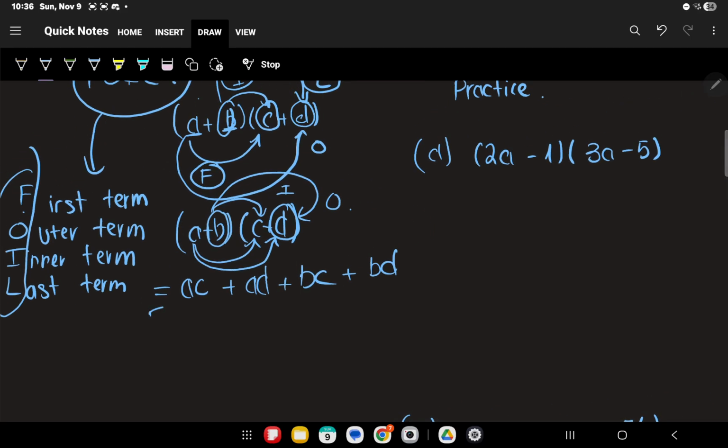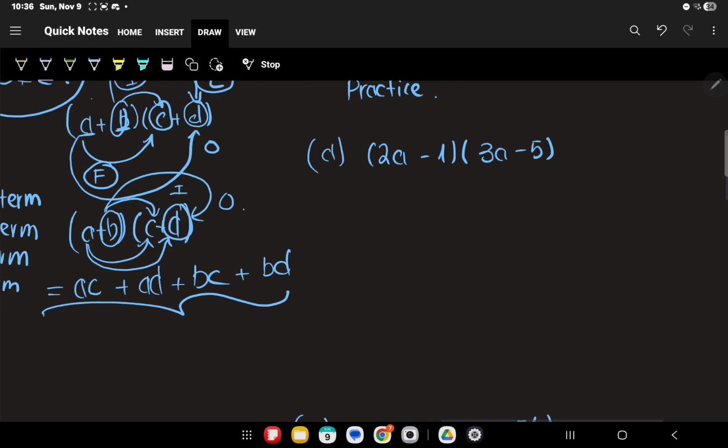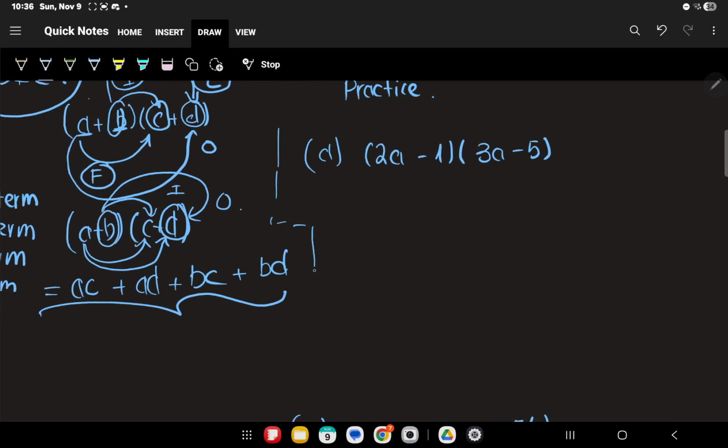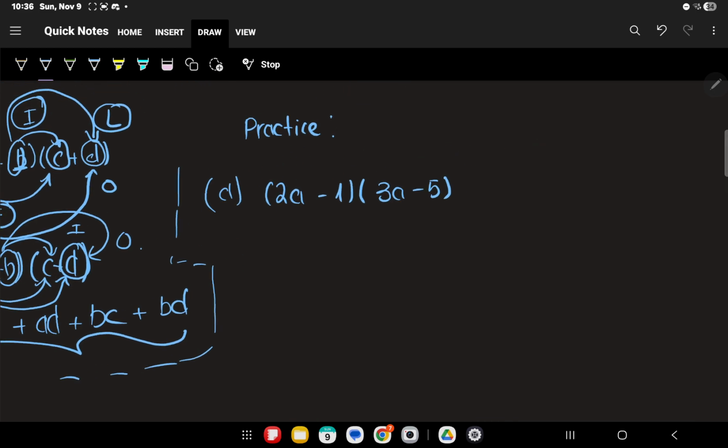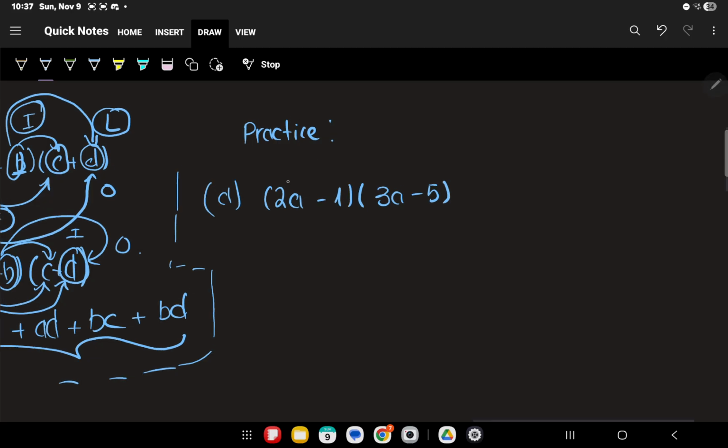Alright, so this is the general form. After you expand the two brackets, you will end up with four terms. That's before you collect the like terms, but we will get to that now for the practice here. So let's apply the same format. 2a times 3a is 6a squared, right?